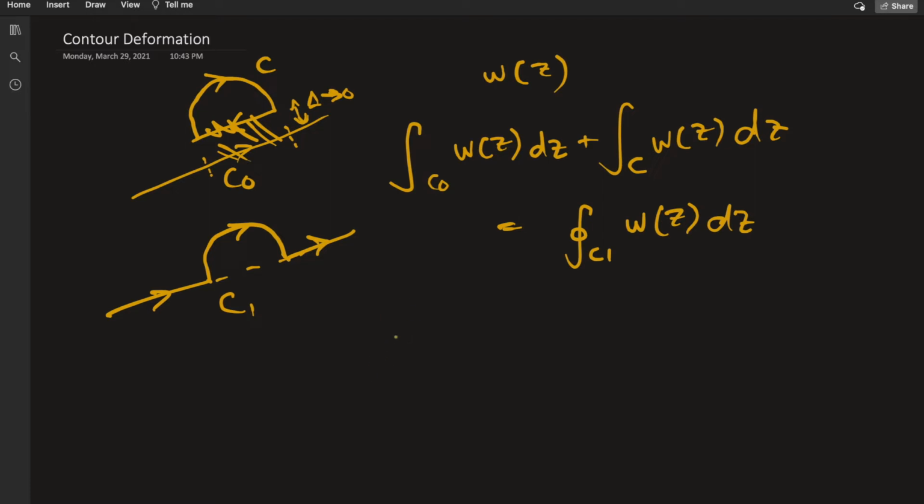The other version that's useful is if you remember Stokes' law back in vector calculus. You had a vector function f, so the closed loop line integral of f was equal to the surface integral over the enclosed area of the curl of f.